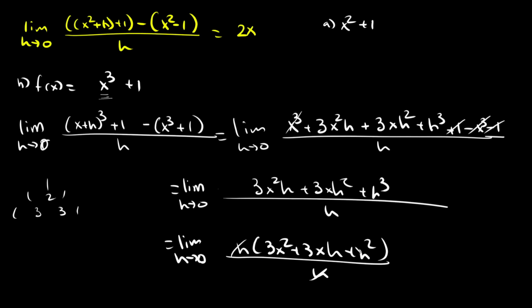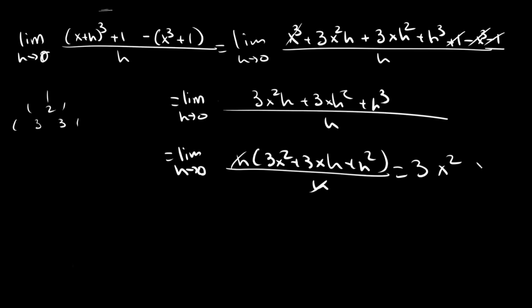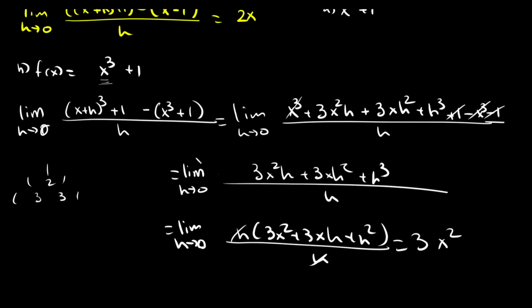My h is gonna cancel out, and what I'm left with is 3x to the power of 2. Alright. So what I basically did is factorize my h, cancel out my h from my numerator and my denominator, and just plug in 0 here to see if my limit is not an undefined form. It's not an undefined form because it is 3x to the power of 2.